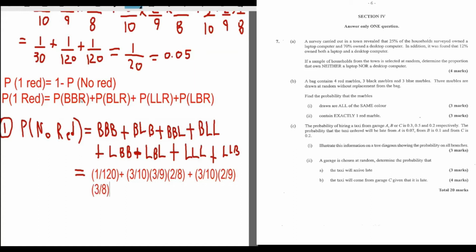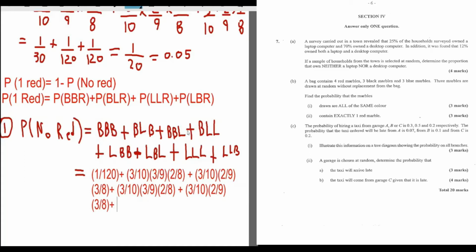And notice that this and this are the same. Plus draw blue, then black, then blue, which is 3 over 10, times drawing blue, 3 over 9, times drawing the next blue, 2 over 8. Without working out the rest, I can see where this is going. Blue, black, black is going to be the same: 3 over 10, times 2 over 9, times 3 over 8.